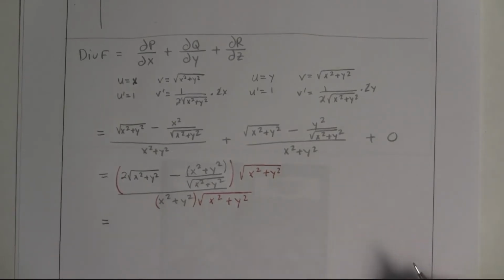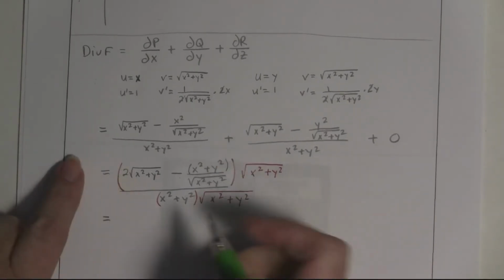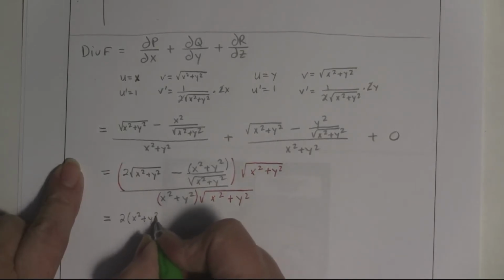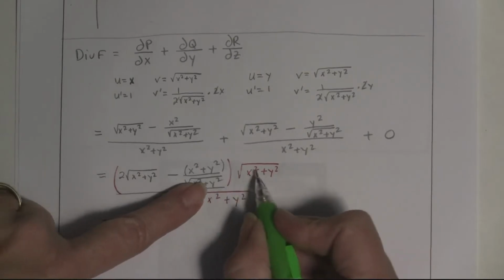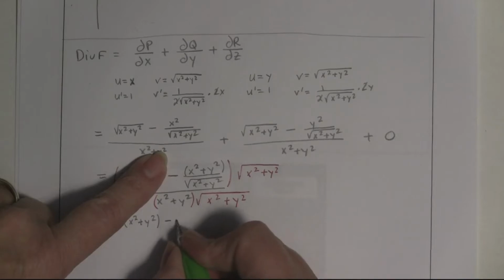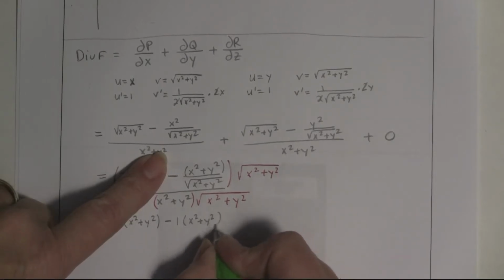I'm going to try not to take too much more room here, or I'm not going to be able to find my curl. And so when I multiply these together, I get two of those, 2 times x squared plus y squared here. And then when I multiply it here, the square roots cancel out, and I get minus, and I'm going to write it as 1 times x squared plus y squared.